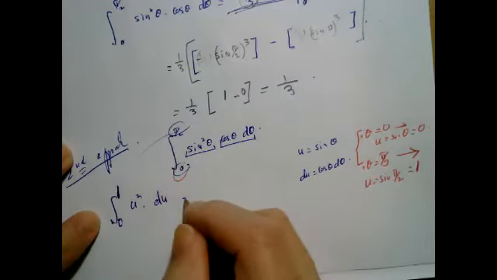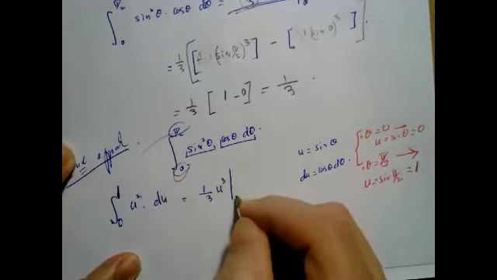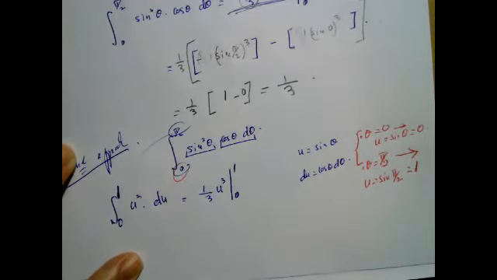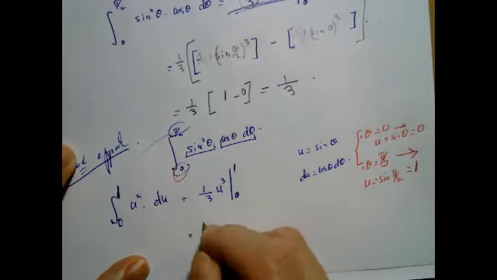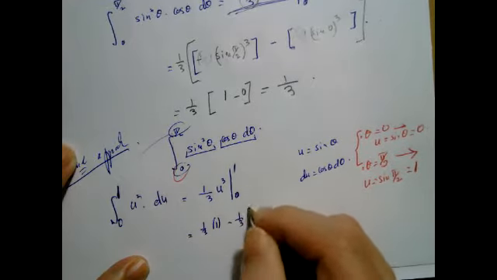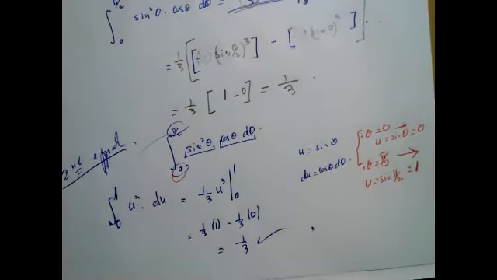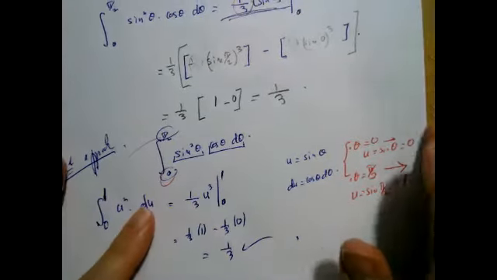At this stage, I do not go back to theta. I have a new definite integral in u from 0 to 1. I don't go back, which is going to give me a third times 1 minus 0, which is equal to a third. Okay. All right, so now we look at the other question you guys asked, number 55.